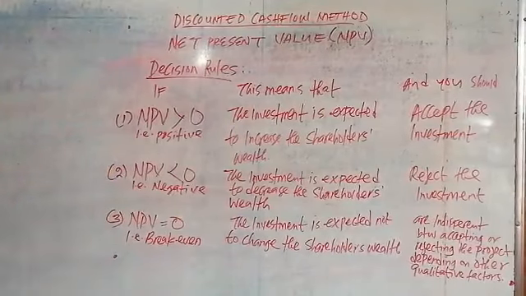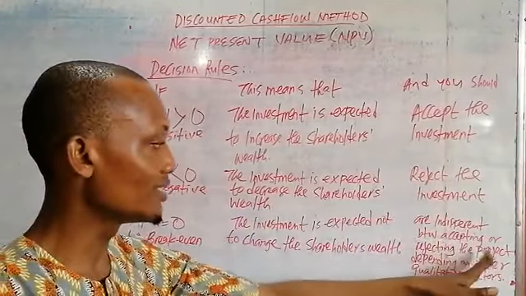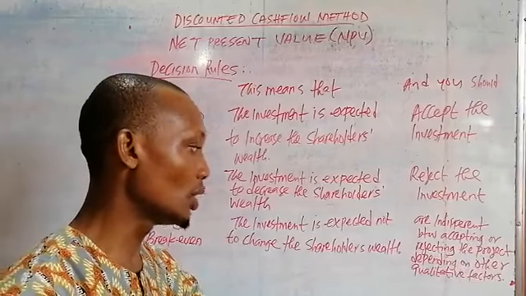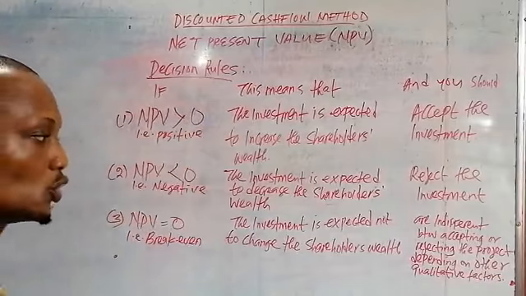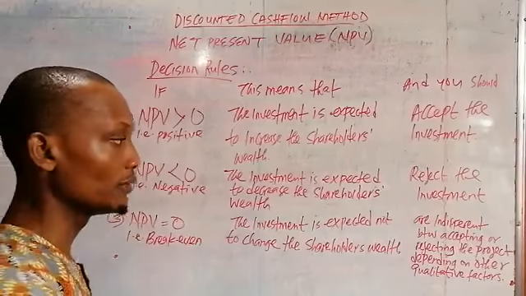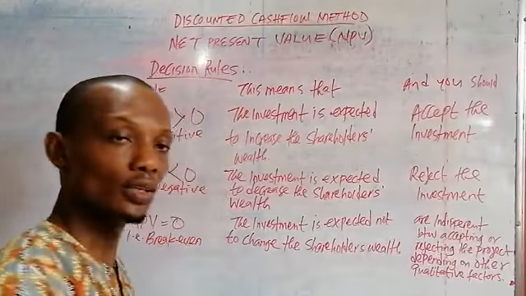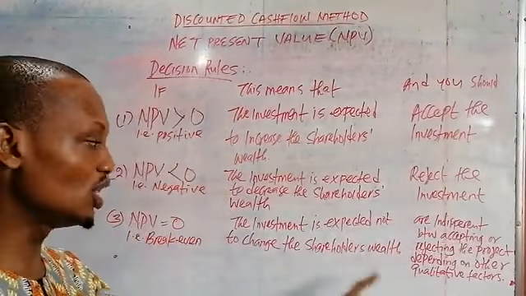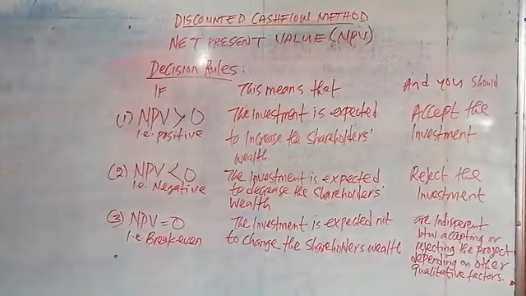No gain, no loss. So you are indifferent between accepting or rejecting the project, depending on other qualitative factors. In this scenario, you don't know what to do because the NPV is equal to 0, that is you break even. So you don't know whether to accept or reject the project. So base your judgment on other qualitative factors.